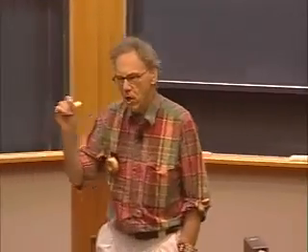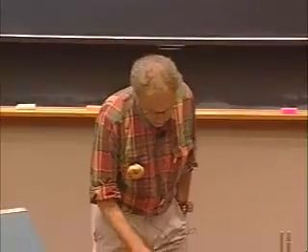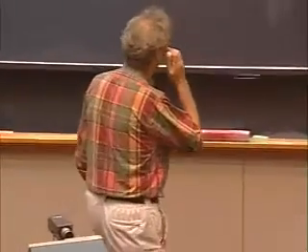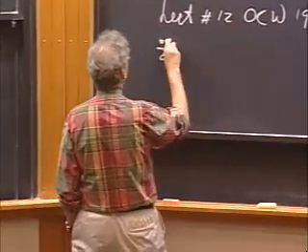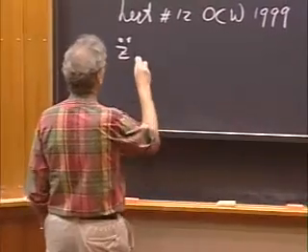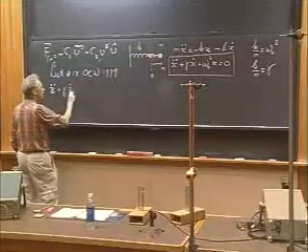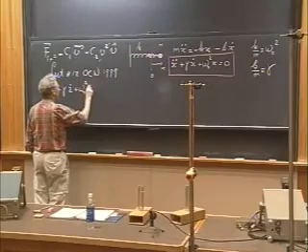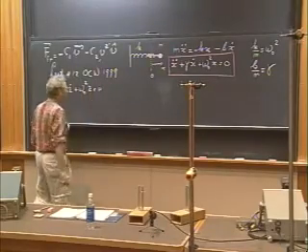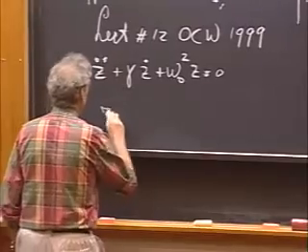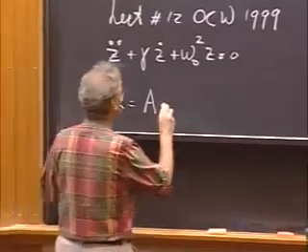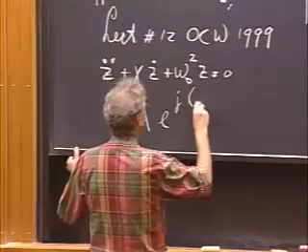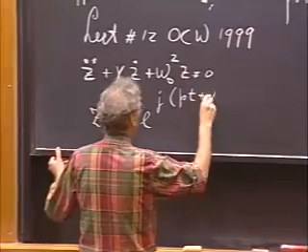We're going to jump to the complex plane. This is a beautiful example where the complex solutions really come in handy. So I'm going to change this equation to Z, which is now a complex notation: Z double dot plus gamma Z dot plus omega 0 squared times Z equals 0. And then Z, my trial function, is some amplitude A times e to the power j(pt plus alpha).